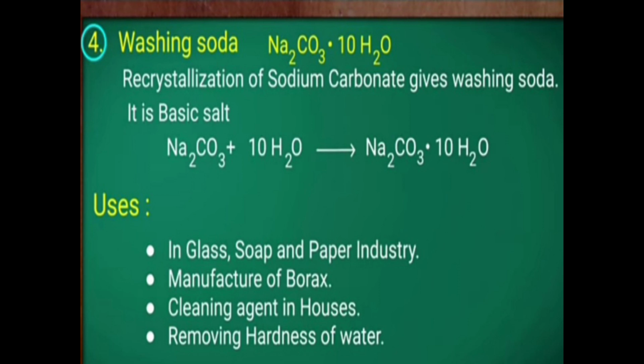We add 10 molecules of water to Na2CO3, and that is known as recrystallization. When it is recrystallized, it gives us washing soda, that is Na2CO3.10H2O. So when 10 molecules of water are added to sodium carbonate, it gives us sodium carbonate decahydrate, that is washing soda.